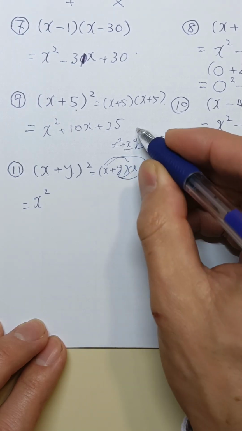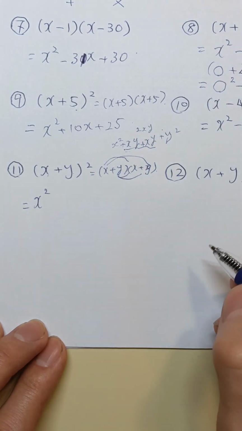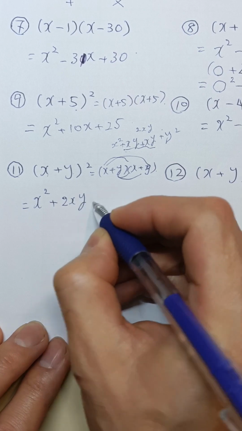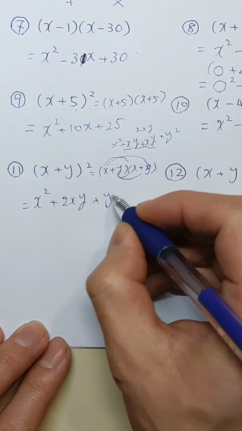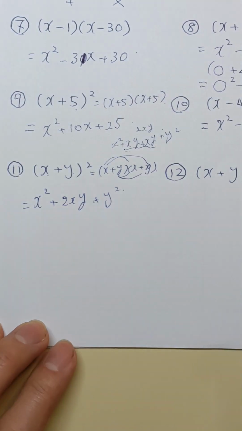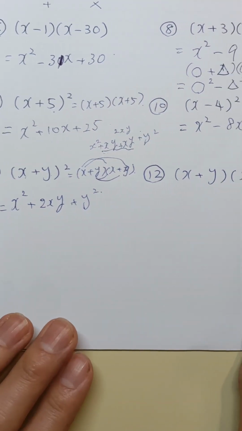So this one is 2xy, isn't it? So x squared plus 2xy and then plus y squared. Lots of students forget to put x here, so be careful about it, okay?